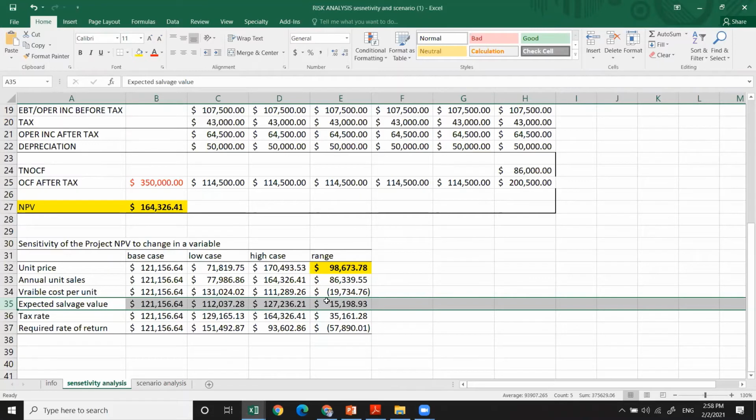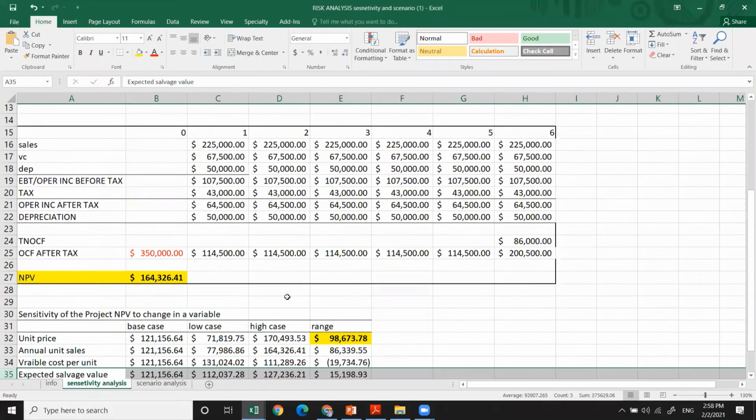Then it would be better to pay attention to annual unit sales, for example, because they have a higher impact on our NPV. Okay, very good. So that is a convincing answer to the board of directors. Thank you so much. So this is how it is estimated.